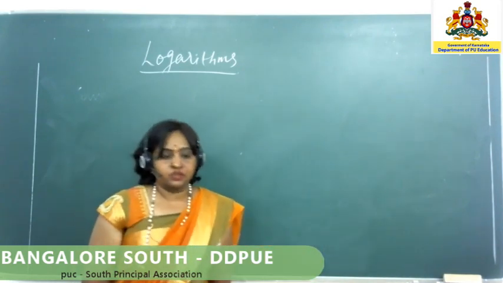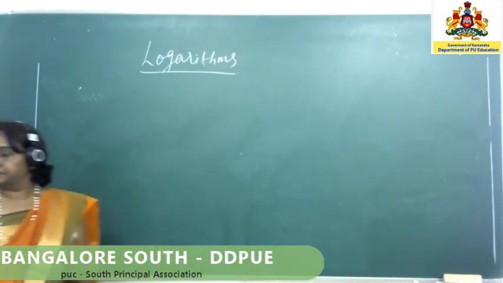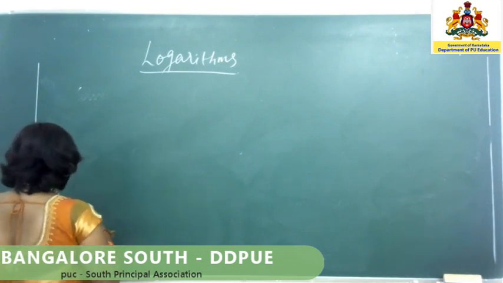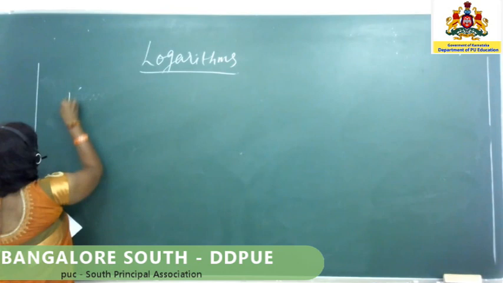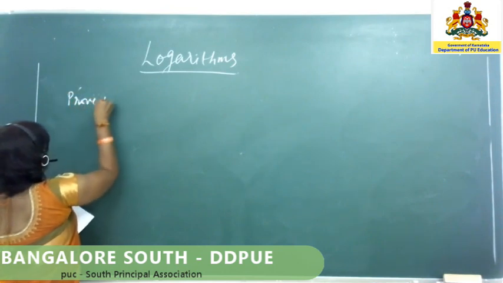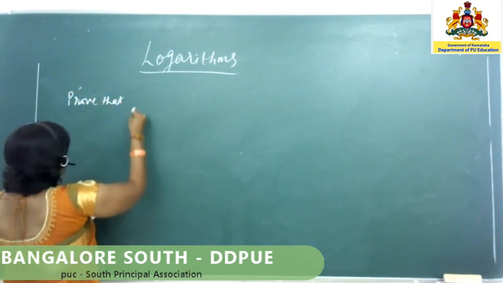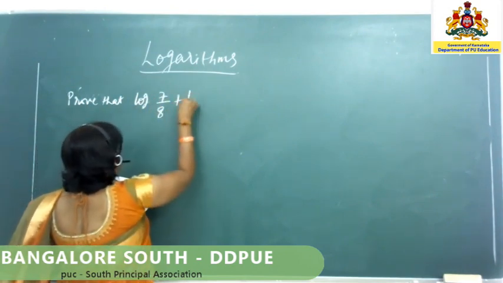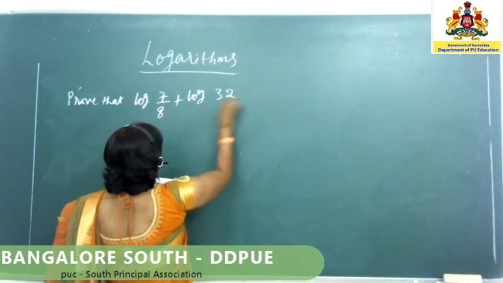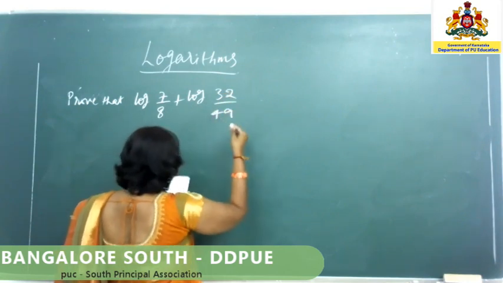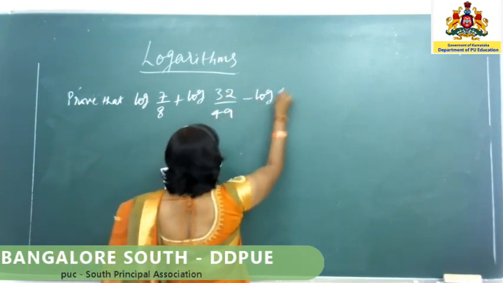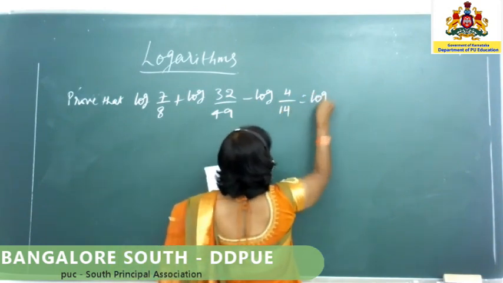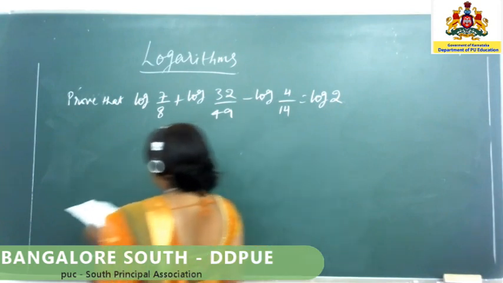So now let us come to the 2 marks questions. Prove that log 7 by 8 plus log 32 by 49 minus log 4 by 14 is equal to log 2.